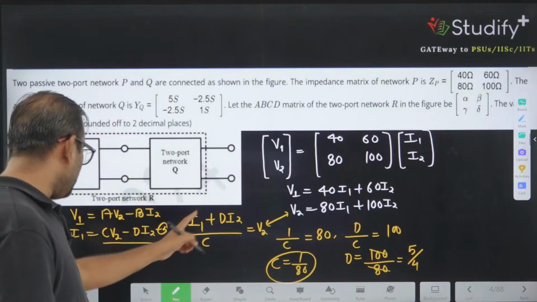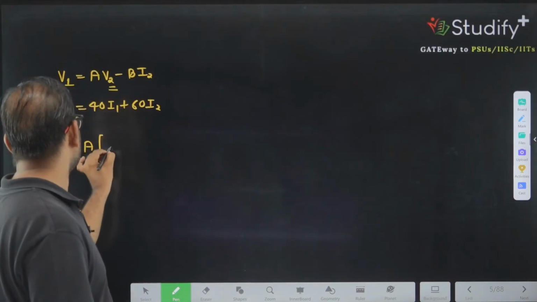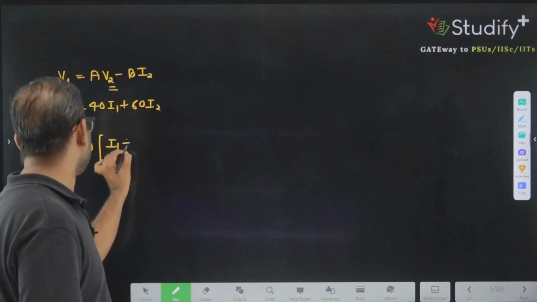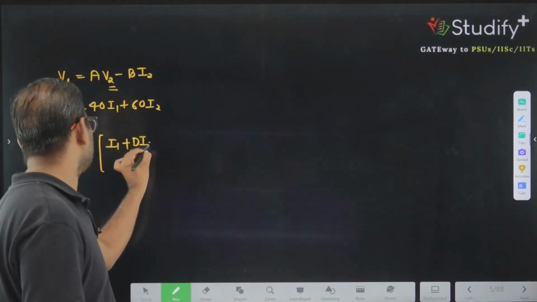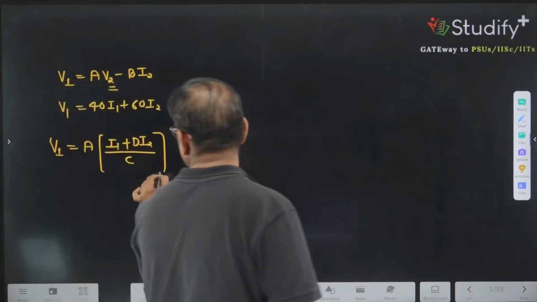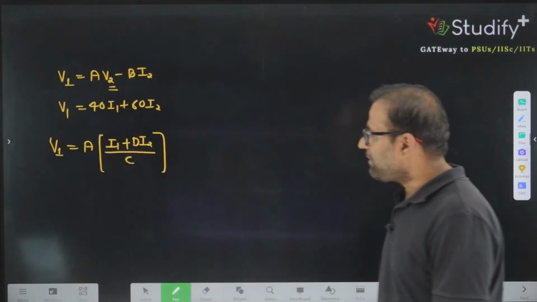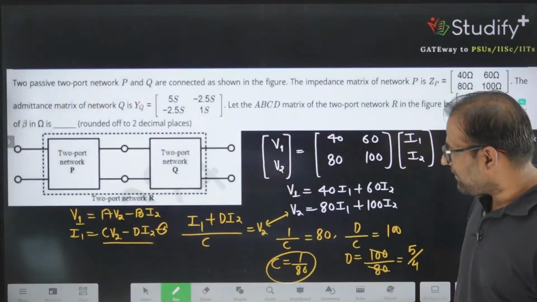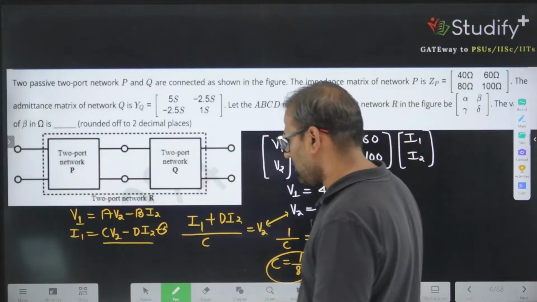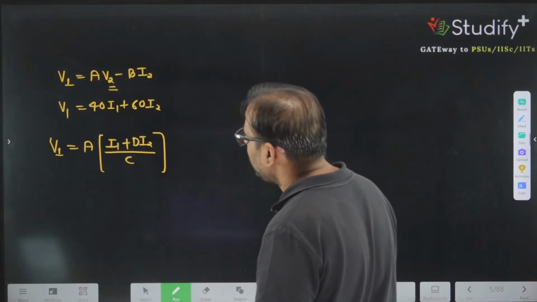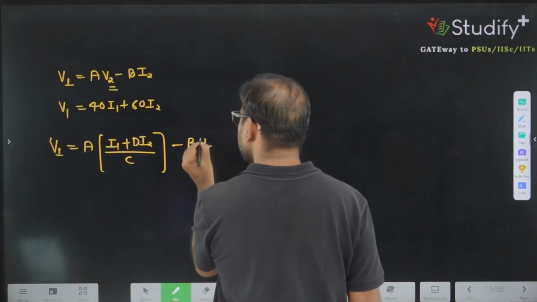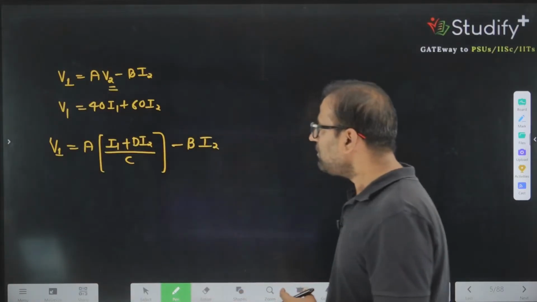The value of V2 can be written from here as I1 plus D I2 divided by C, and V1 equal to A V2 minus B I2. Now you can say the whole function is available in which form?